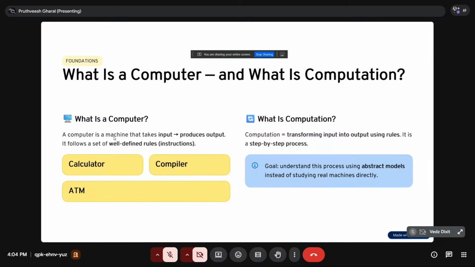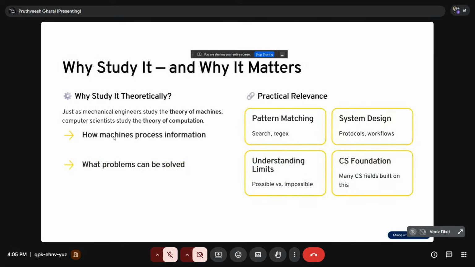But still, a question might arise. Why do we study theory of computation if we already know programming languages? The answer is that just as mechanical engineers study the theory of machines, computer scientists study the theory of computation.